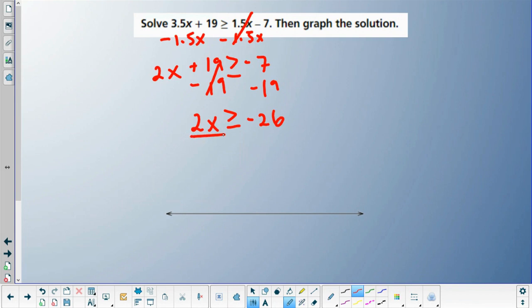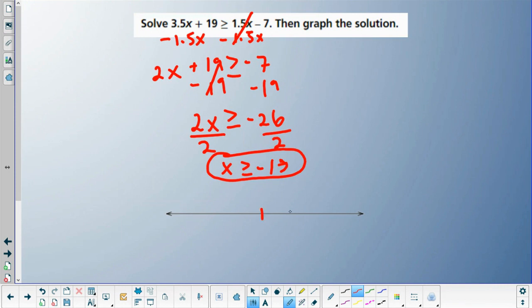And then the last part, we're going to divide by 2. For you guys, it's Monday, but I'm recording this video on Friday after school. All right, negative 26 divided by 2 gives us negative 13. Oops, sorry, it's hard to write on here. Okay, and this time we did not divide by a negative. That 2 was positive that we divided by, so that's why we did not flip the sign.